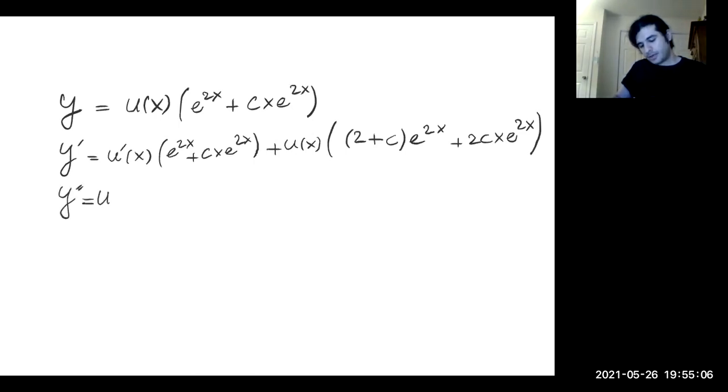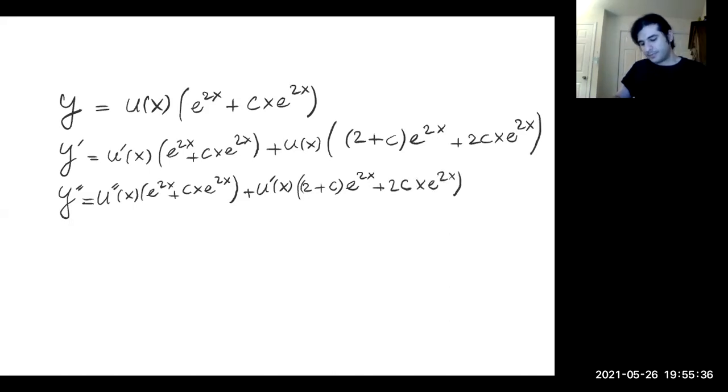Now let's go to the second derivative. It would be the second derivative of u times e to the 2x plus c x e to the 2x, plus the derivative of u times 2e to the 2x plus c e to the 2x, which, as we saw before, is (2 plus c) times e to the 2x plus 2c x e to the 2x.